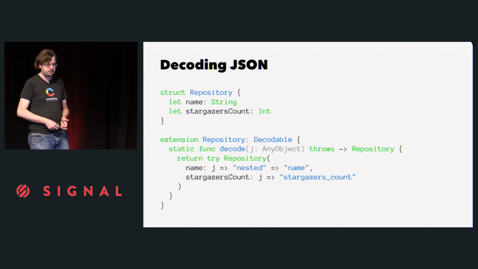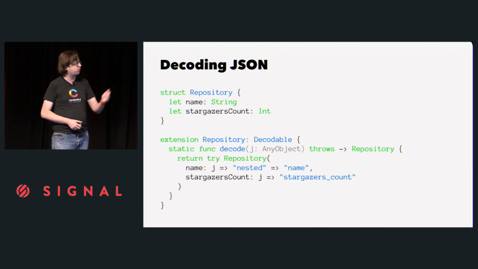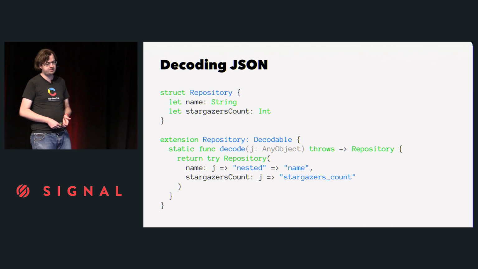So basically, it provides a new custom operator, this arrow. With that, you implement a decode static function in which you pass in the JSON object that you get from NSJSONSerialization. And then you create your structs from the JSON response.